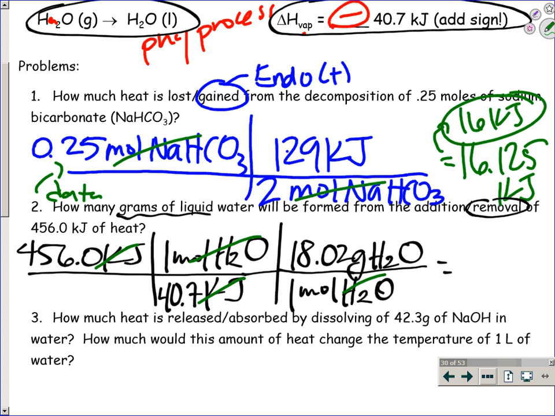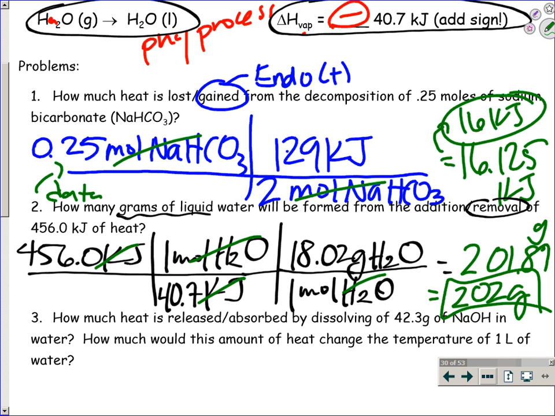And ready when you are. 201.89. So 201.89 grams. How many sig figs do I have? Looks like 4, and well, this one's got 3, so I'm going to go with the delta H. It is a measurement that was taken, so let's go with 3 here. So this would be what? 202 grams. Good.